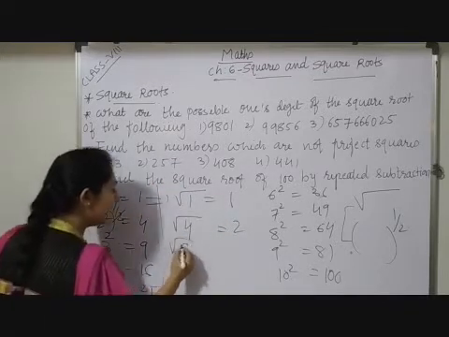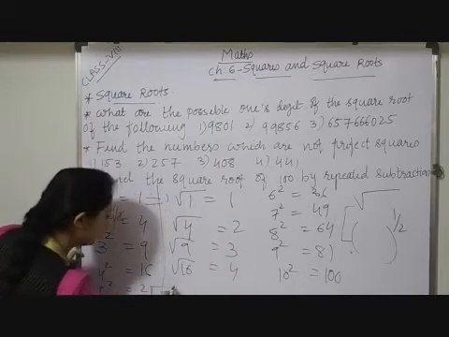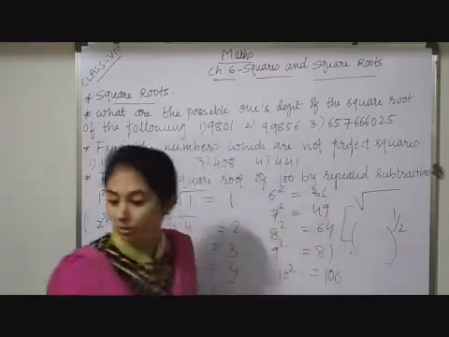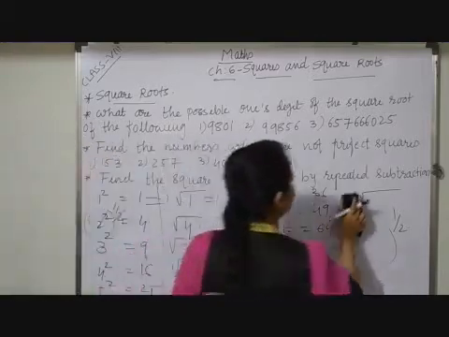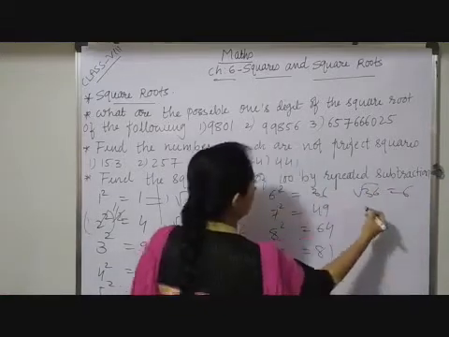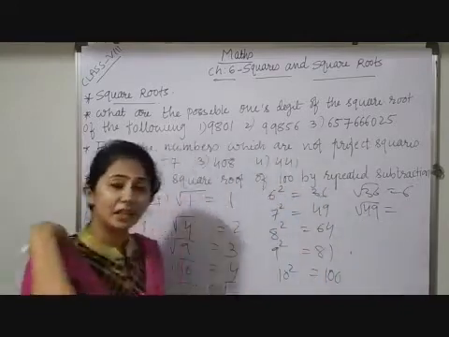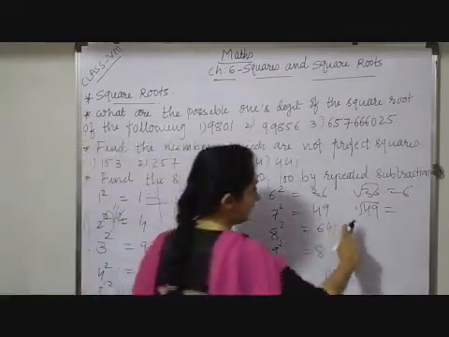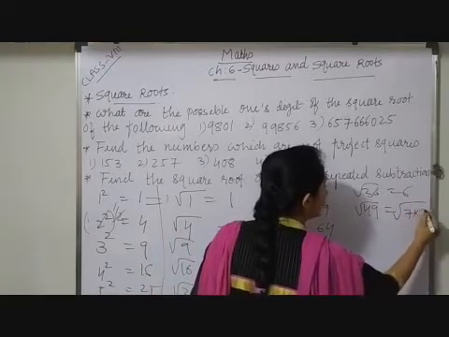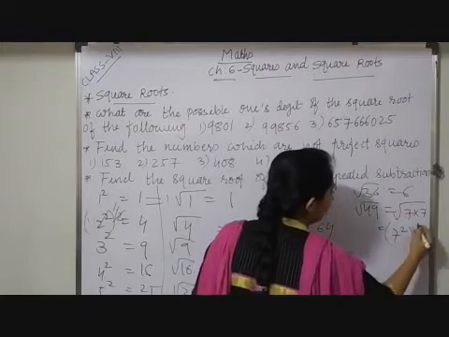Similarly, root 9 is 3, root 16 is 4, root 25 is 5, root 36 is 6. Root 49: if there is any confusion, I am solving one more example. Root 49 means I can write 7 into 7, that is 7 to the power 2, and root means power 1 by 2.